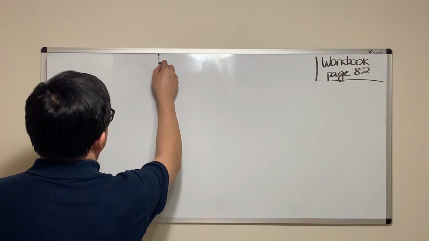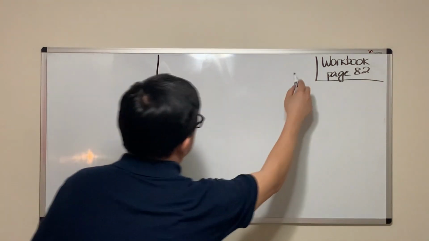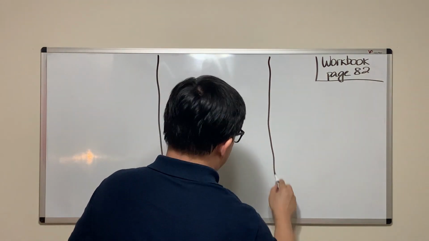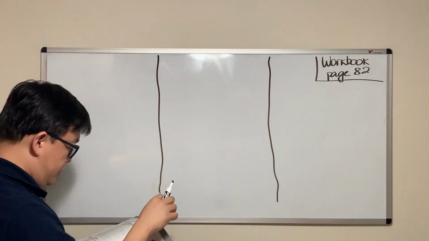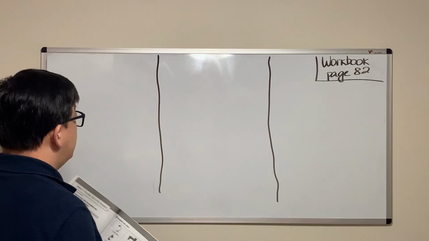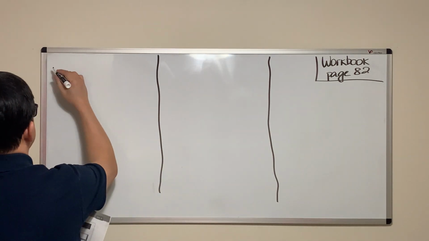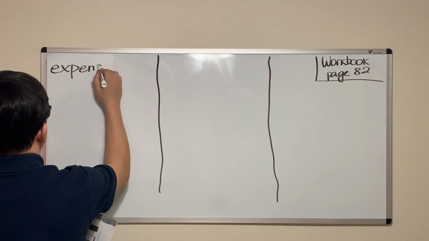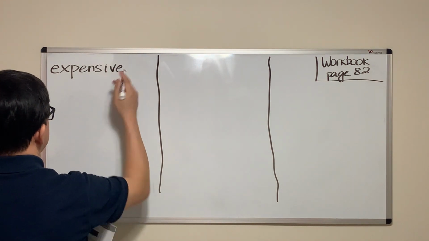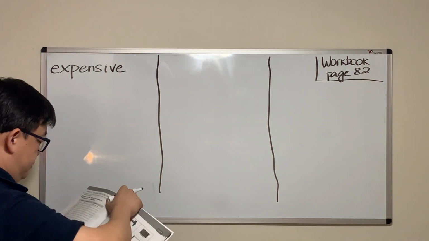So then you have this and this, okay? So now you have expensive, right? That's the first adjective. You already know.